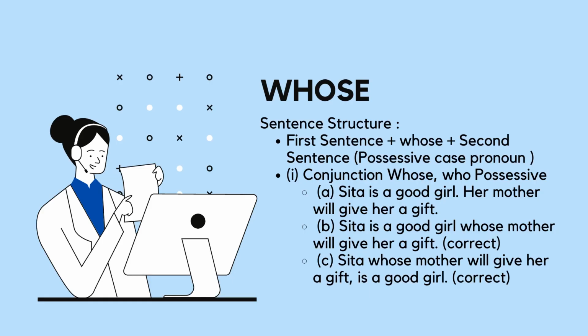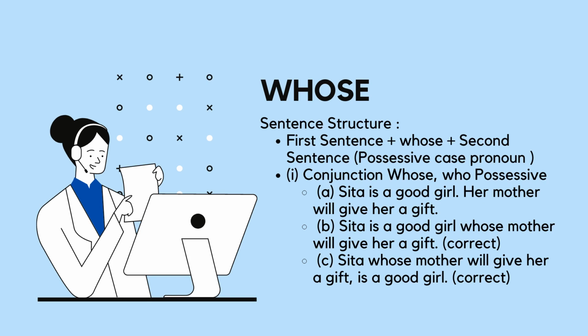Now, I'll show you how to use "whose" in a sentence. Starting with the sentence structure, first sentence plus whose followed by the second sentence. To understand it clearly, let us take an example. Sita is a good girl. Her mother will give her a gift.